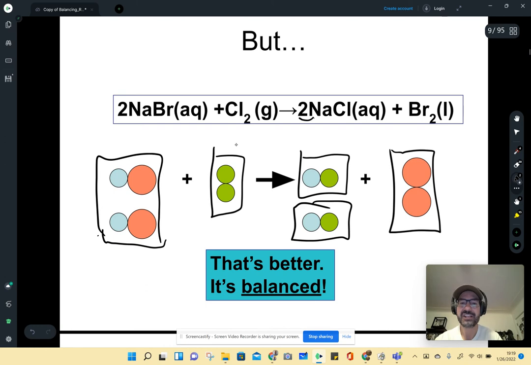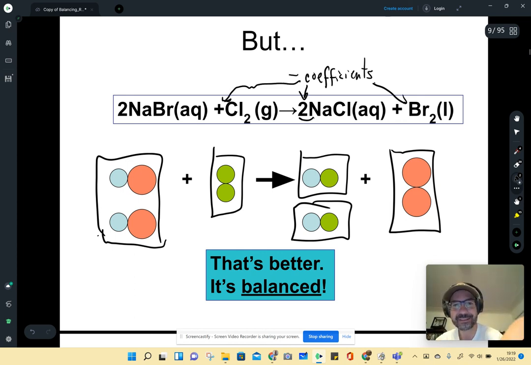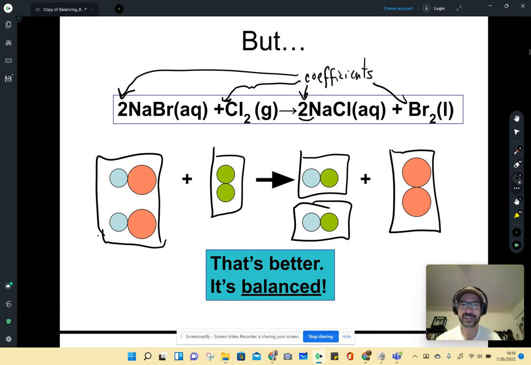So by changing what we call these coefficients, make sure you know this, by changing the coefficients is how we balance reactions. If you're going to balance a reaction, you cannot change the subscript. The subscripts are these little things down here.